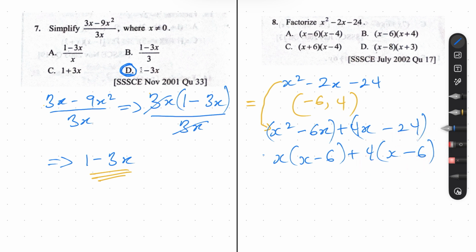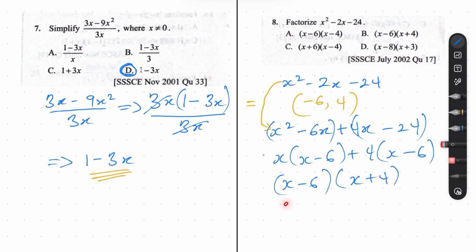So now looking like this, this side of the expression and this side of the expression has what? x minus 6. x minus 6 is common to both sides, so we factor that out. So we're going to have x minus 6 outside, then we'll be left with x plus 4, multiplying x plus 4.